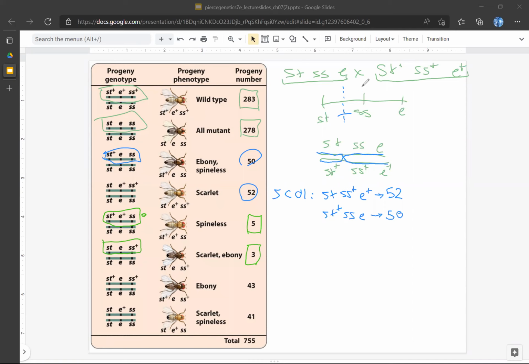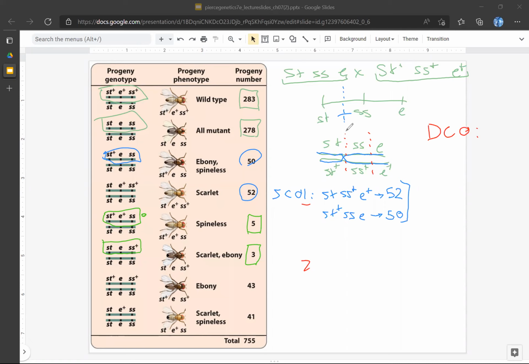But something we have to consider is not only these two, but also our double crossovers, because in order for them to have been a double crossover in the first place, they had crossing over at both the first and second loci.